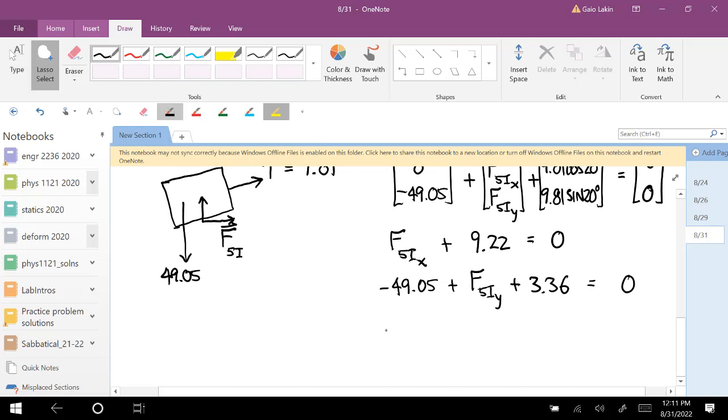Solve for both of those components and you get that the force vector F5i is equal to negative 9.22 for the x component, positive 45.69 for the y component. And this is in newtons.